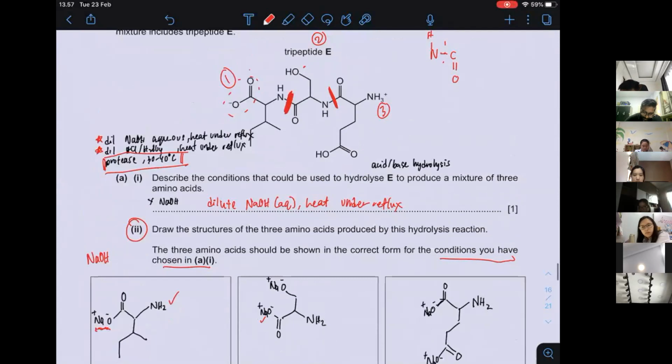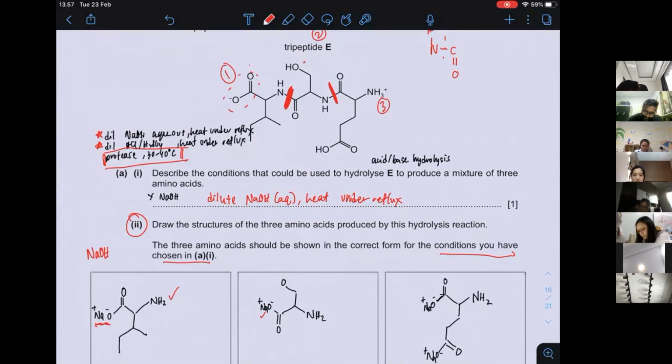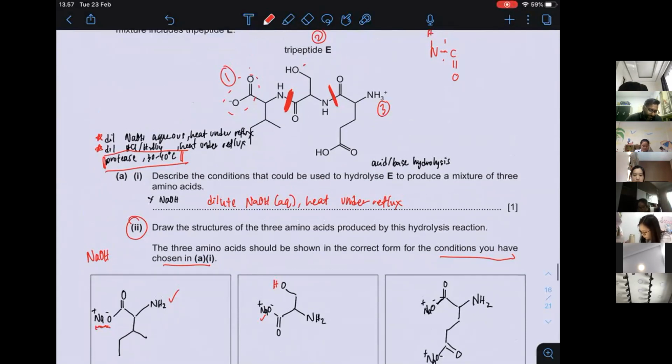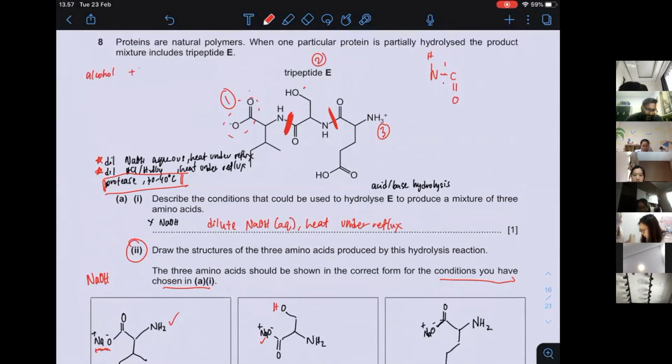Alcohol does not react with sodium hydroxide, so it will stay as OH. Do remember, alcohol can react with Na, sodium, but alcohol does not react with NaOH. No reaction. But phenol, on the other hand, reacts with sodium, and phenol also reacts with sodium hydroxide.